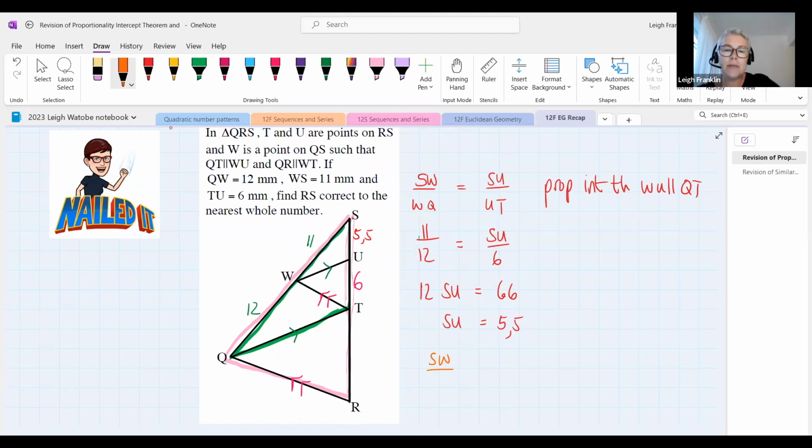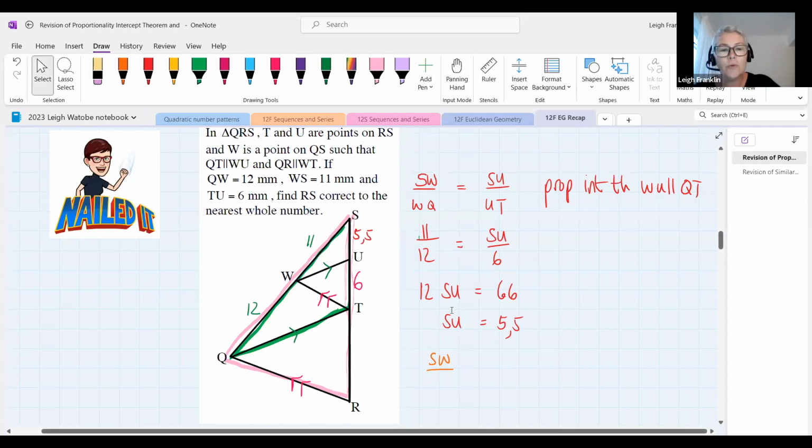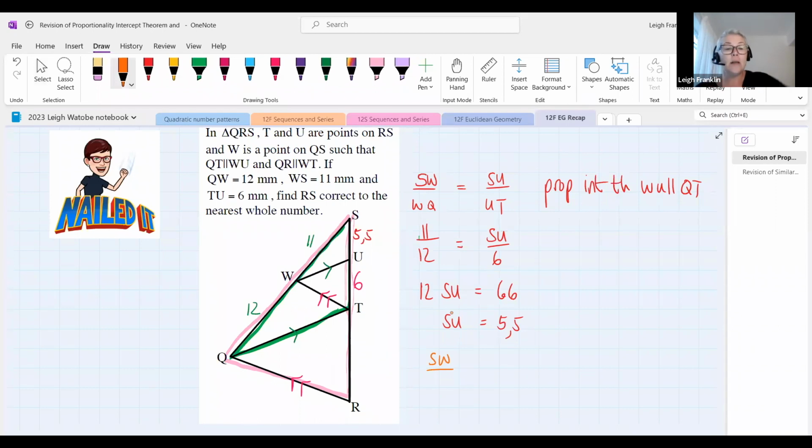It's probably just a little bit easier for you. You don't have to do that. You can substitute straight away, but keep going with what you were saying. So yes, you can add the 5,5 and the 6 together. So SW over WQ equals ST over TR. Beautiful. A reason: proportionality.